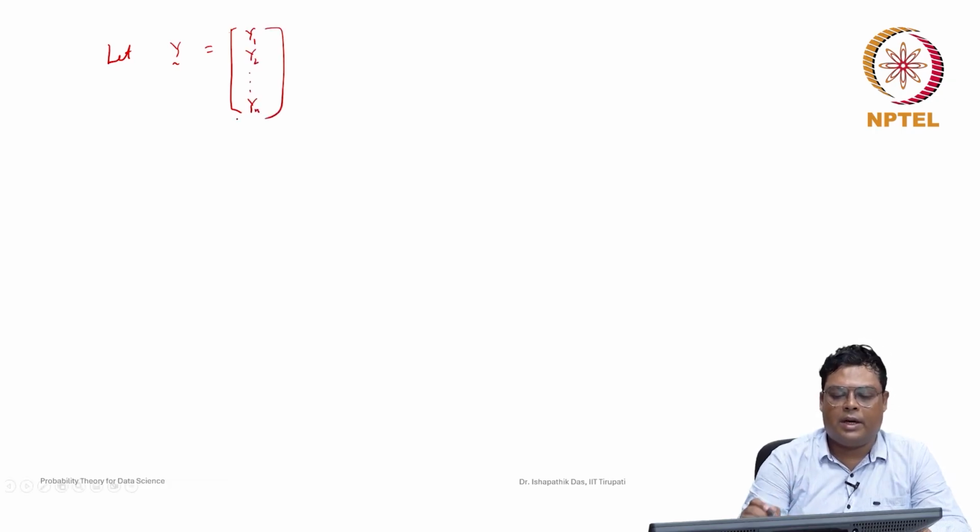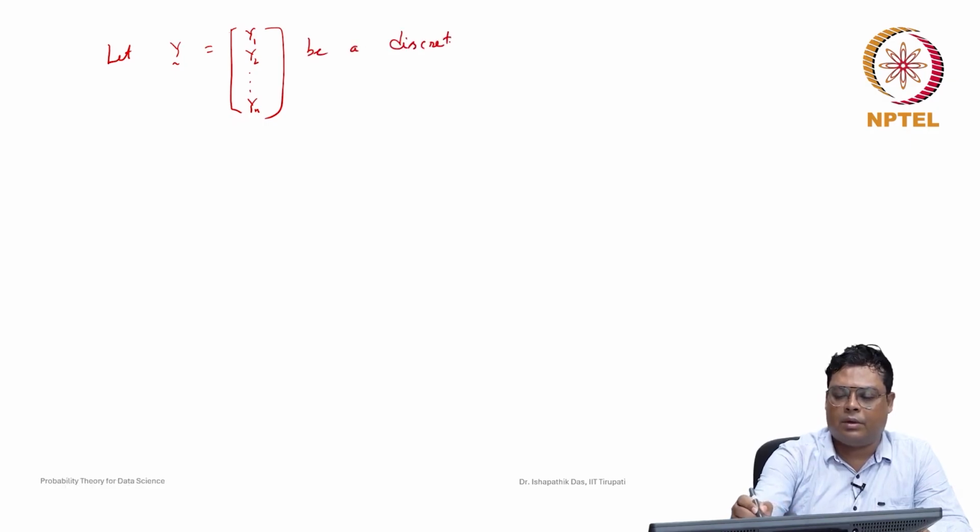So, let Y, so Y is the vector Y1, Y2, Yn. Let Y equal to Y1, Y2, Yn be a discrete random variable.